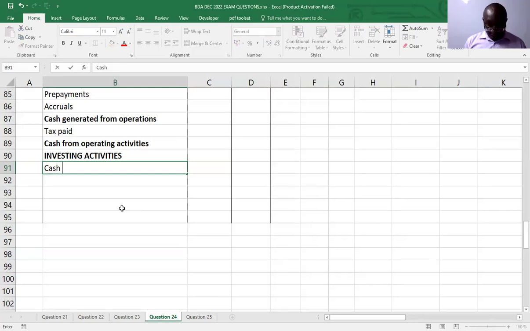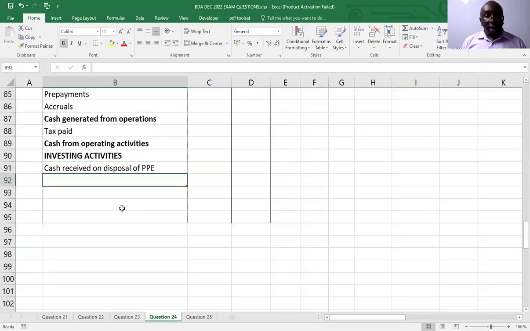In case we have sold, cash received on disposal of PPE. Opposite of that is cash paid to acquire PPE.